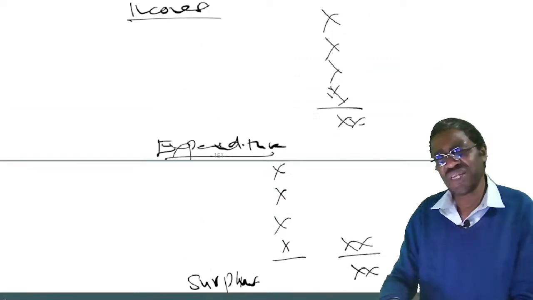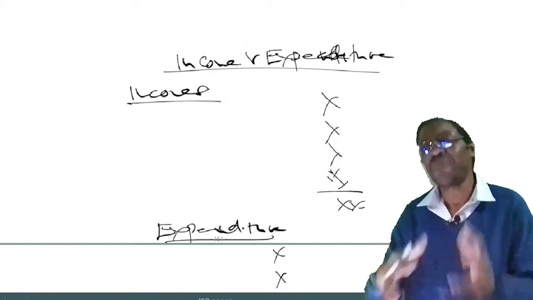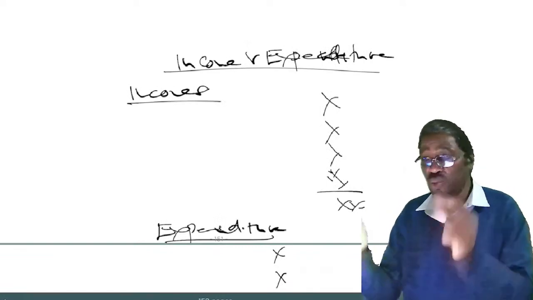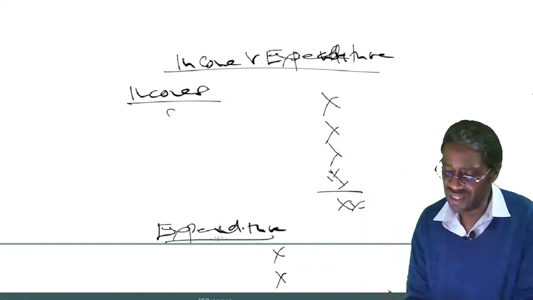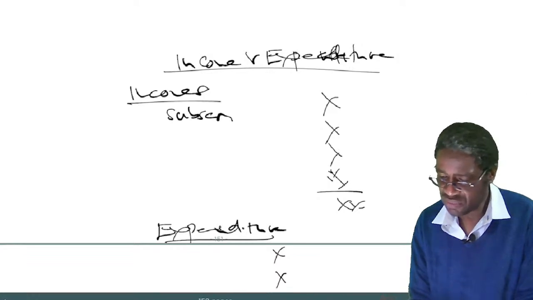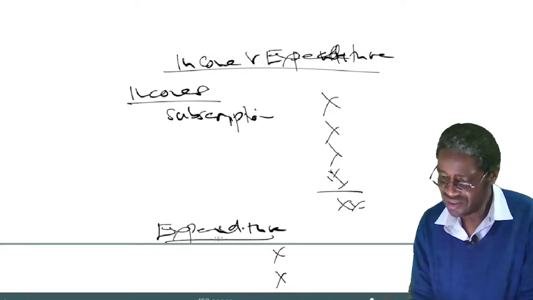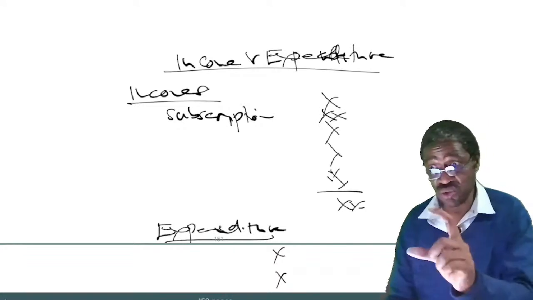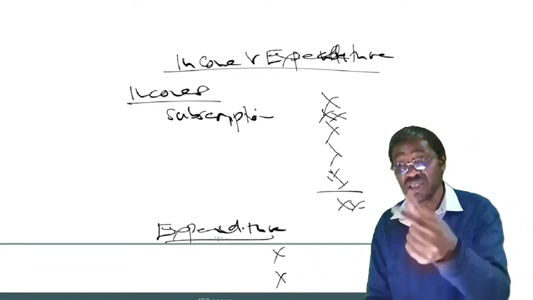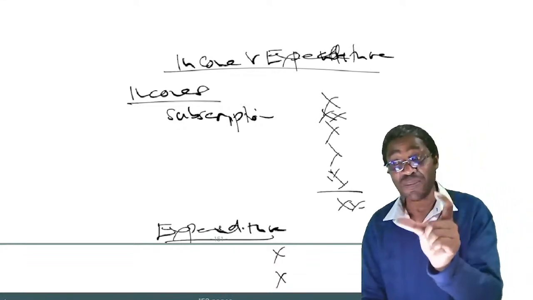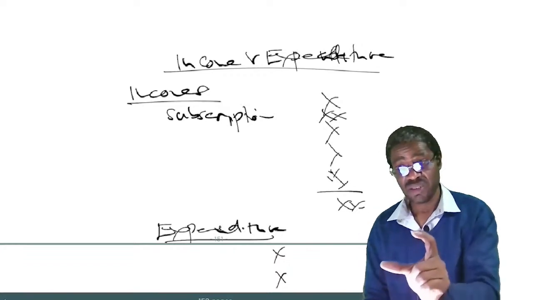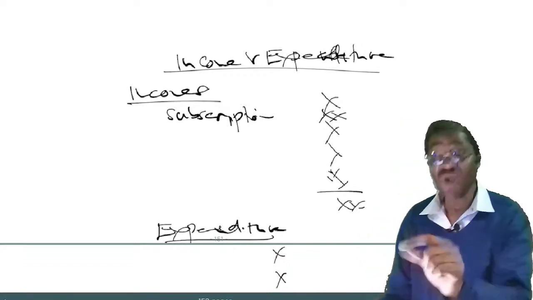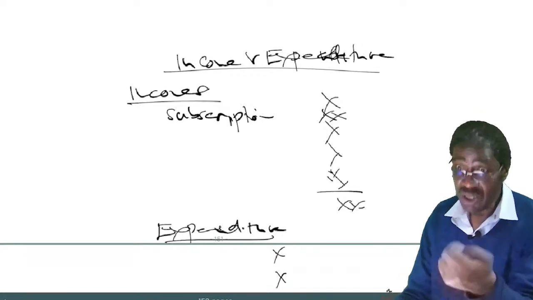So this is generally how we prepare an income and expenditure. One source of income is the subscriptions, which you have determined from the subscriptions account for the year.